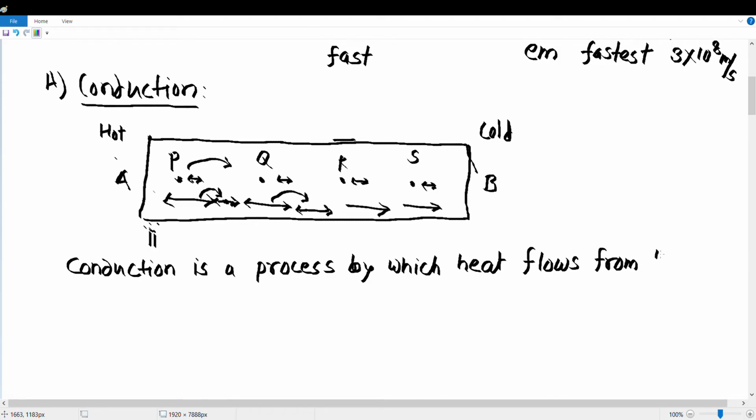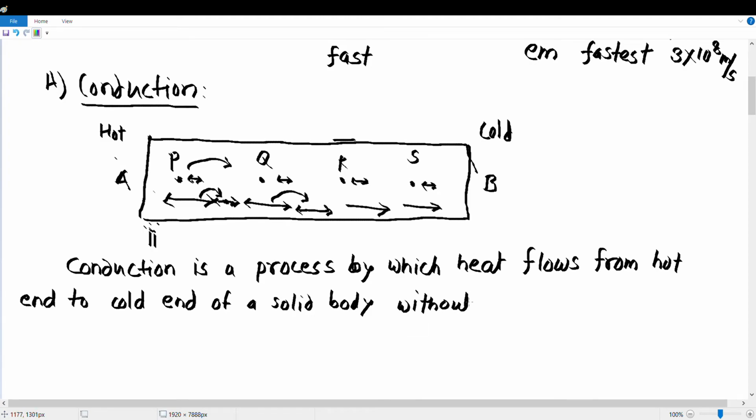From hot end to cold end of a solid body without any net bodily movement.